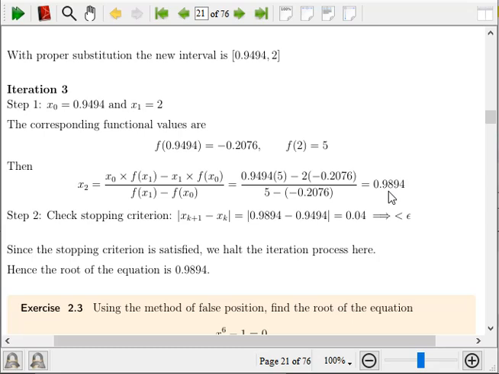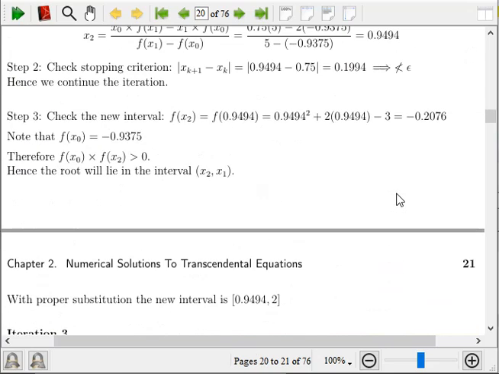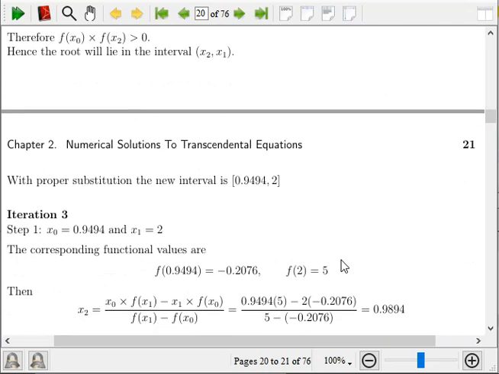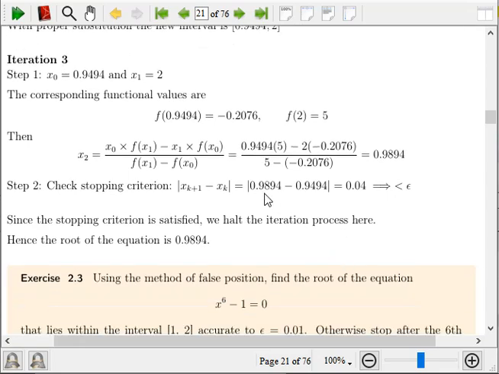Then again, we have to check the stopping criteria. So the current solution for x2 is what we see here, 0.9894. But the previous solution is 0.9494. We do the subtraction and we get 0.04. And this value is less than epsilon, which is 0.05.